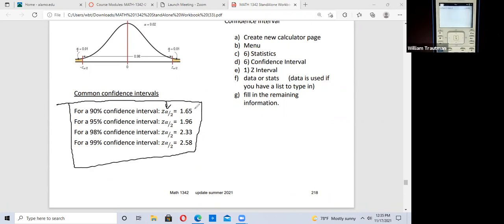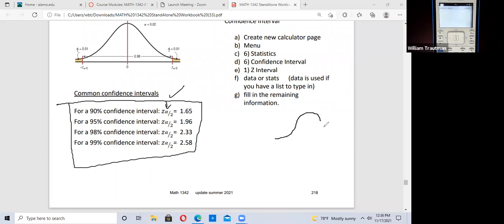And we want to calculate one more, just so everybody understands that these are the ones that are given for alpha over 2, but sometimes they don't give it to us and we have to figure it out.